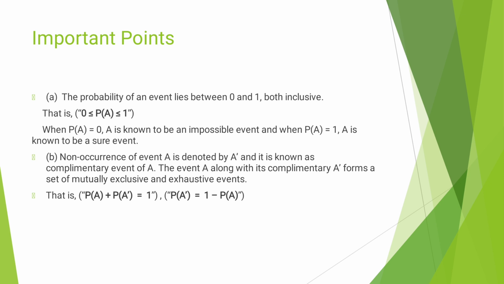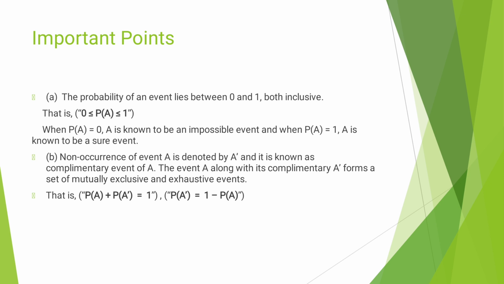Important points. A. The probability of an event lies between 0 and 1, both included, that is 0 ≤ P(A) ≤ 1. When P(A) equals 0, A is known as an impossible event, and when P(A) equals 1, A is known as a sure event.